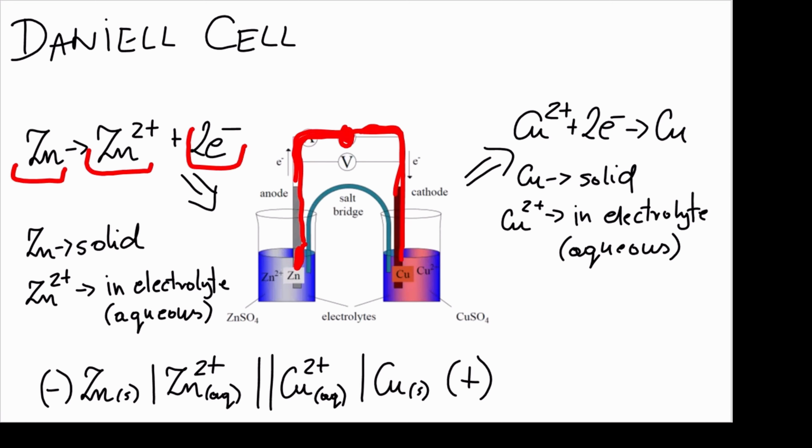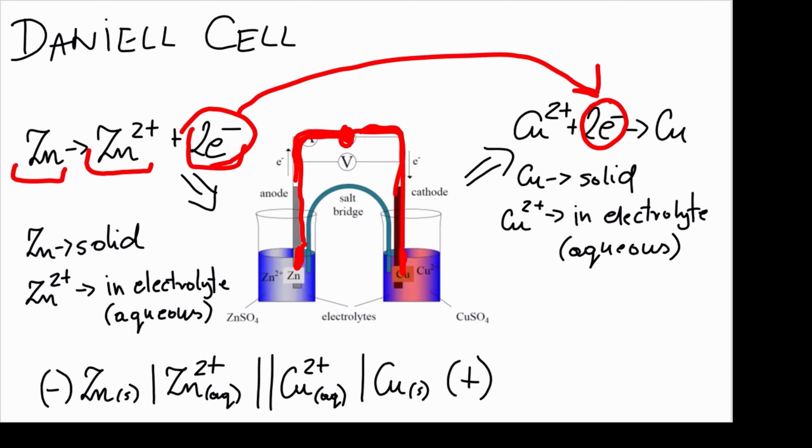These electrons flow through the external circuit and collect near the interface between the metallic cathode and the cathodic aqueous electrolyte solution. Those two electrons, which appear in the oxidation reaction, are consumed in the reduction reaction.